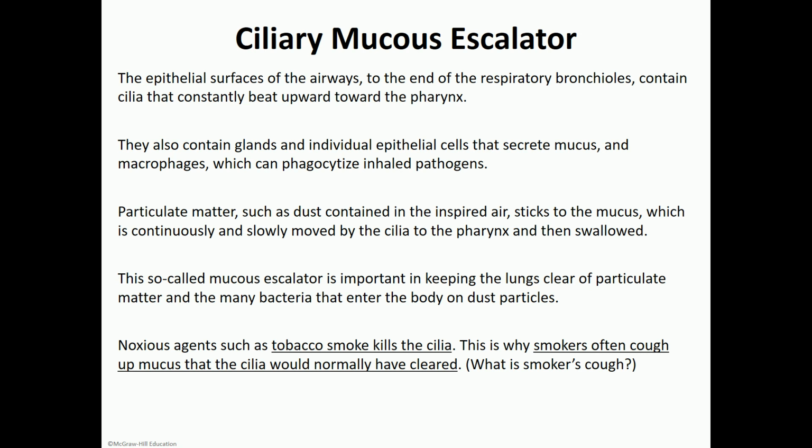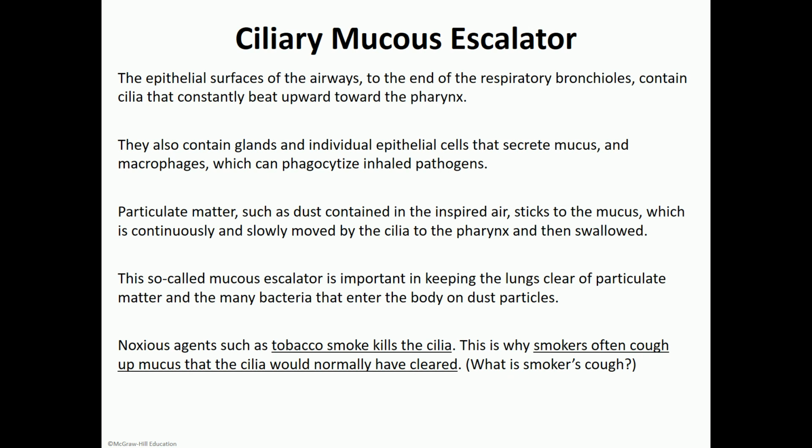The ciliary mucus escalator is basically the action of cilia and the mucus glands to trap small particles like small dust particles, pathogens, and so on. Because of the stickiness of the mucus, they'll trap these different things.